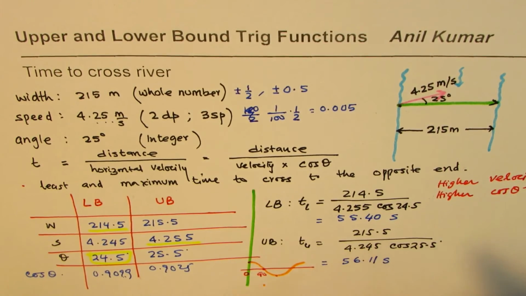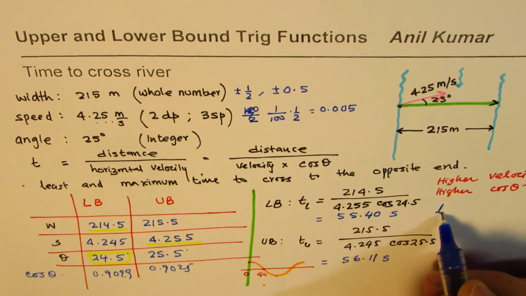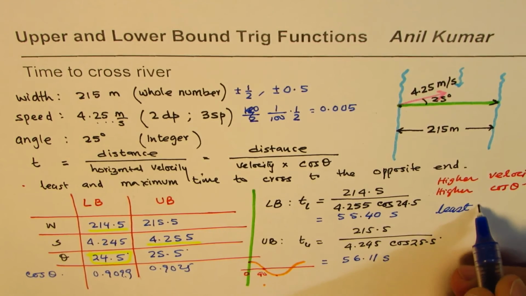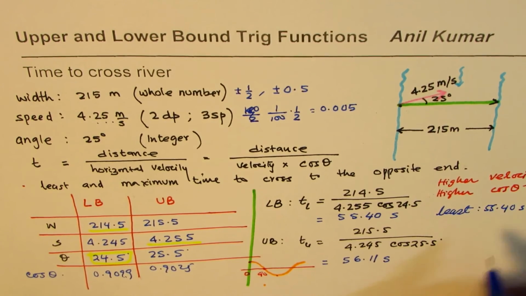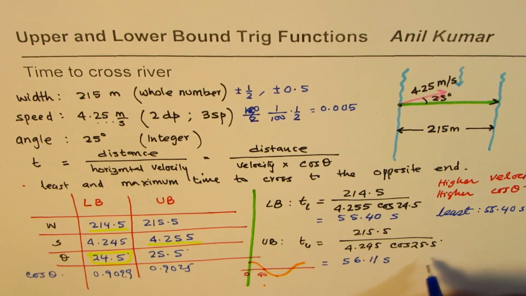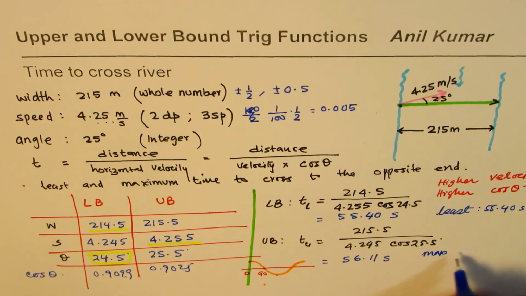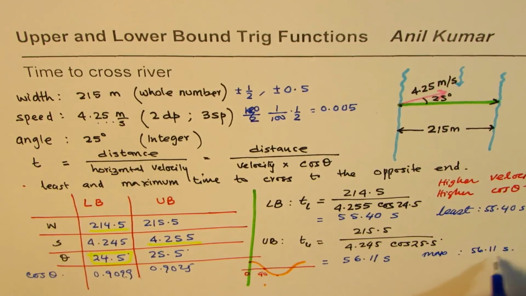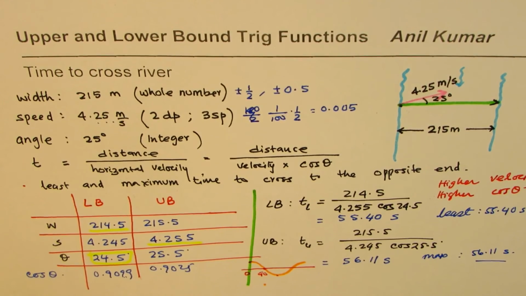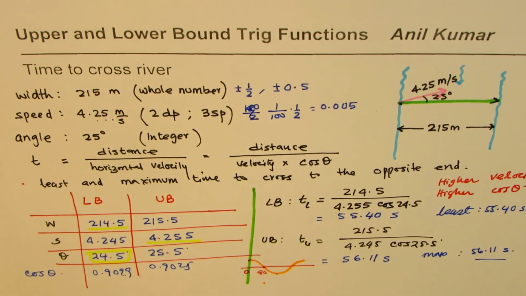So in 2 decimal places, least time is 55.40 seconds and maximum time will be 56.11 seconds as calculated, correct? So I hope you understand how to use trigonometric functions and calculate their maximum minimum values or upper and lower bound.